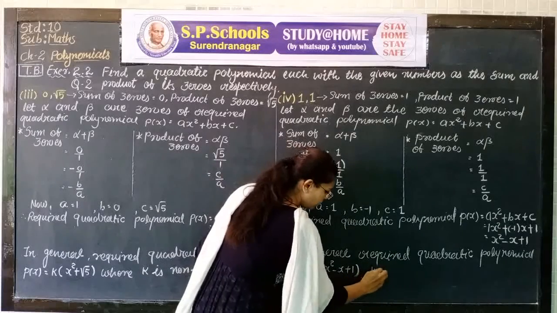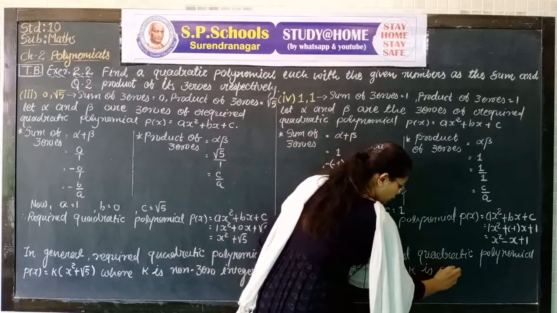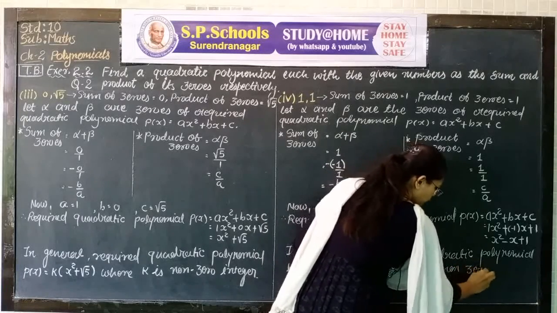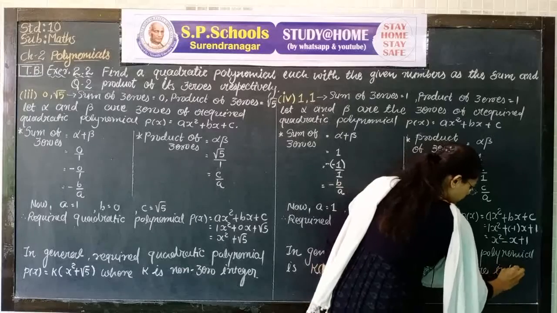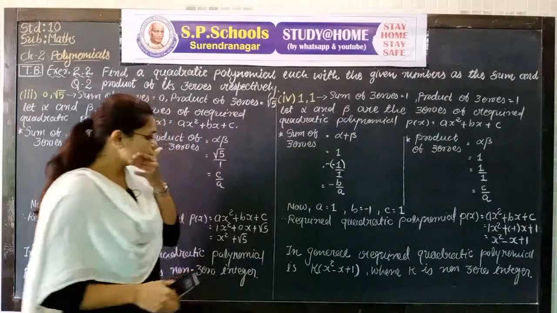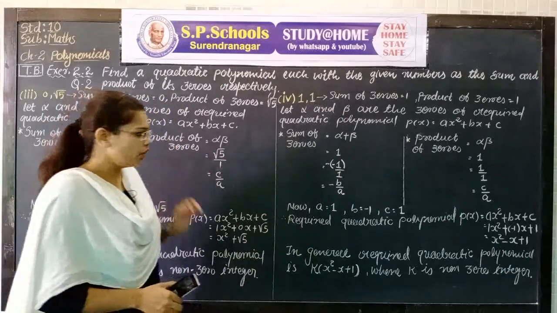But what is k? Where k is a non-zero integer. The value of k belongs to R but is not 0.